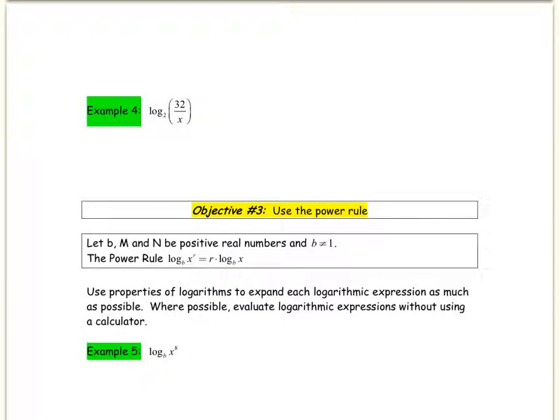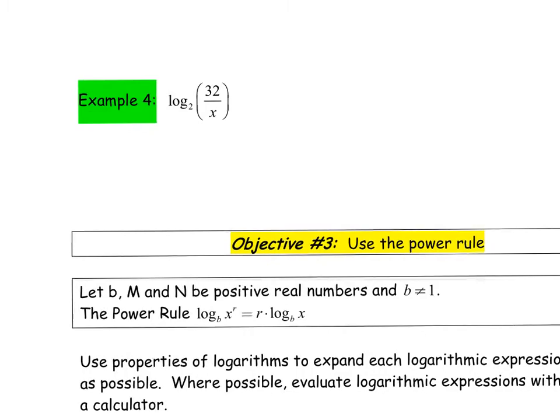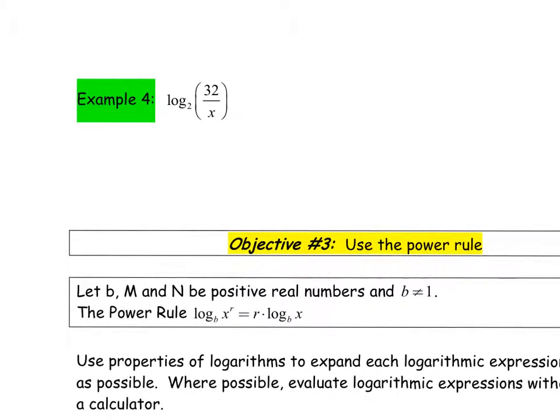Now, example 4. Let me expand this. Division becomes subtraction. Single log becomes double log. Log 32 minus log x, bringing the base 2 and 2.